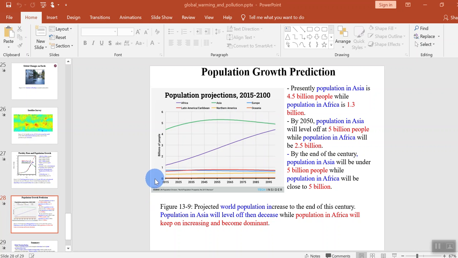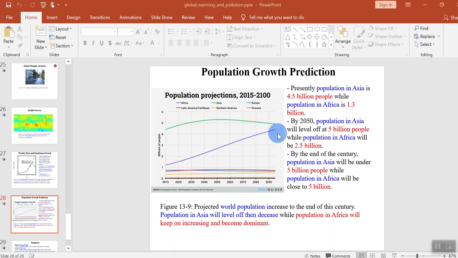While the population in Africa right now is around 1 and 2, keep on increasing up to 4 by the end of the century. Population of Africa will be increasing a lot. It will not level off until there is development, until there are democracies, until all of these issues get resolved.